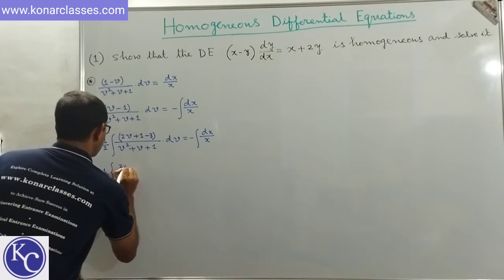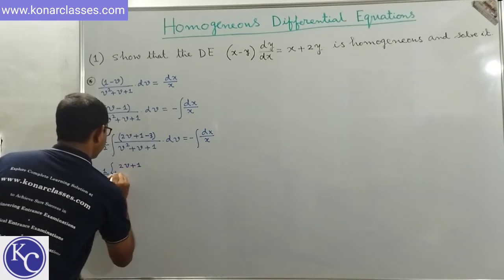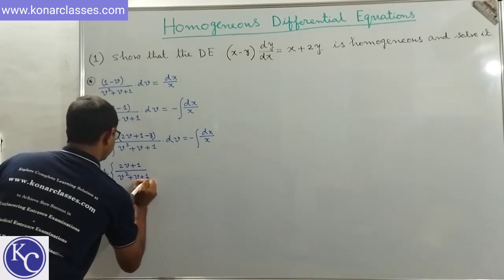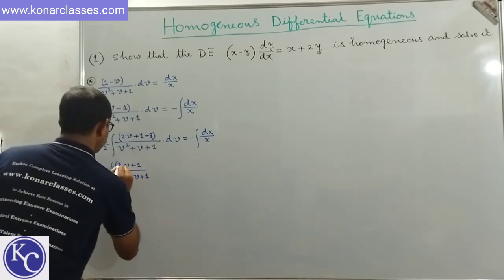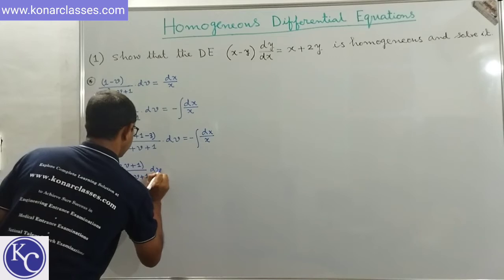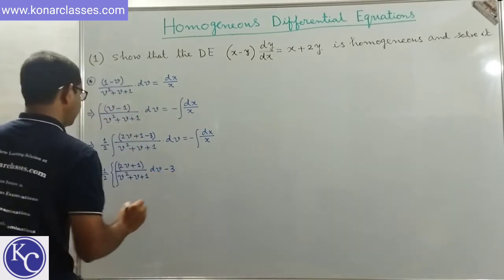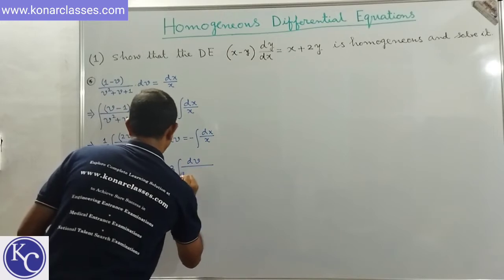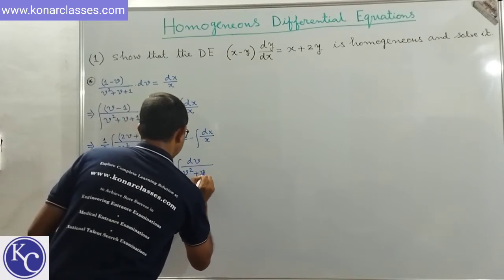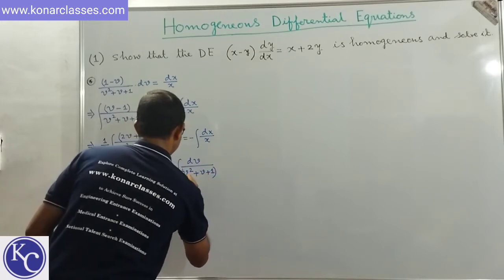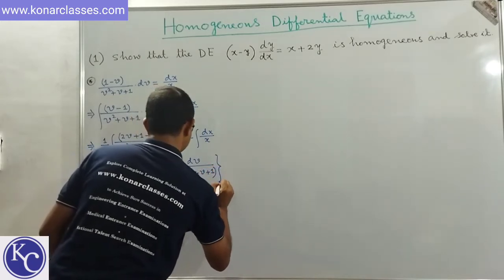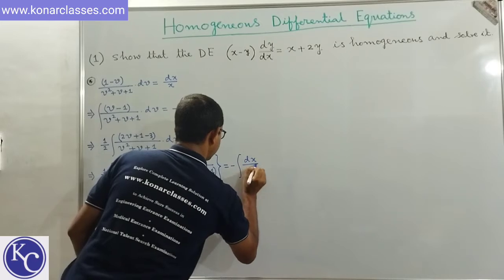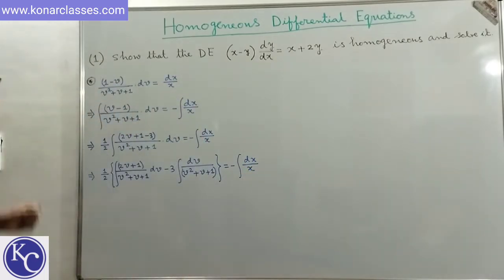One is ∫(2v + 1)/(v² + v + 1) dv, minus 3∫dv/(v² + v + 1), is equal to -∫dx/x.